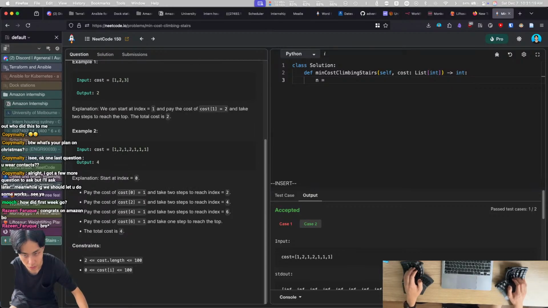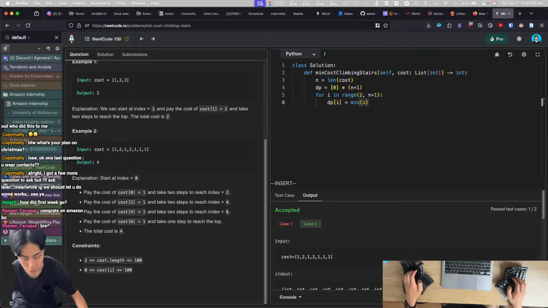So n equals len of cost. dp is equal to 0 times n plus 1, for I in range of 2 to n plus 1. We're gonna have dp of i equal to the min of certain ranges.